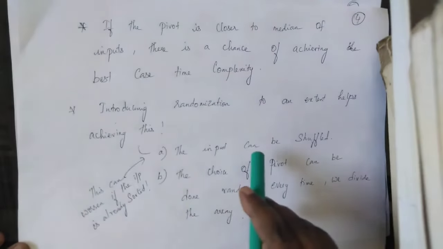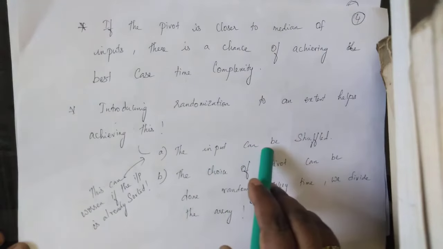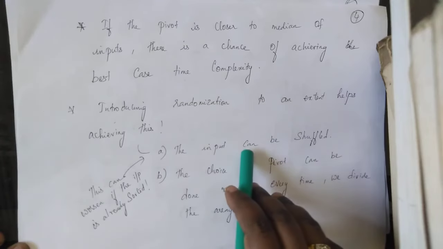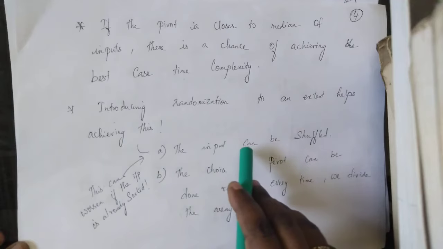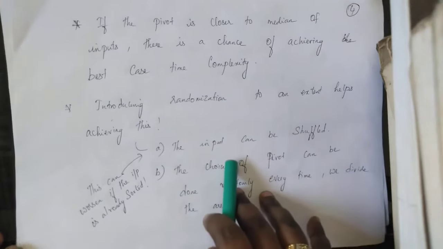That is one way of introducing randomness. But if we're not lucky enough, we can worsen the actual time complexity. When the actual array is sorted and we shuffle the input, that is not going to make things better. That is one disadvantage of that.